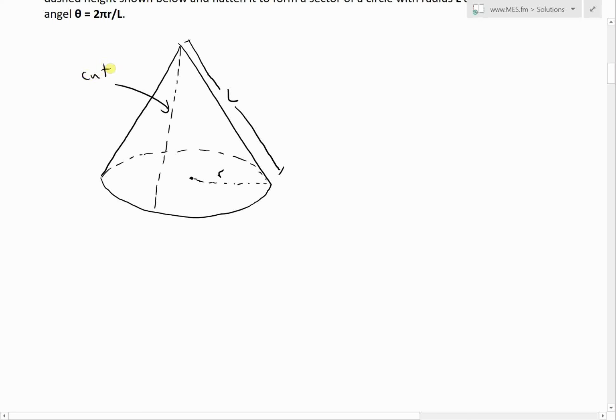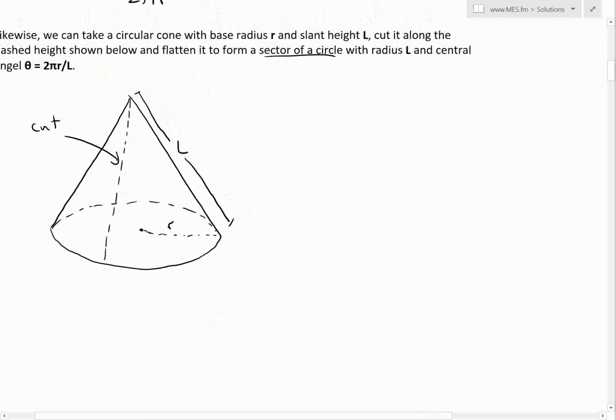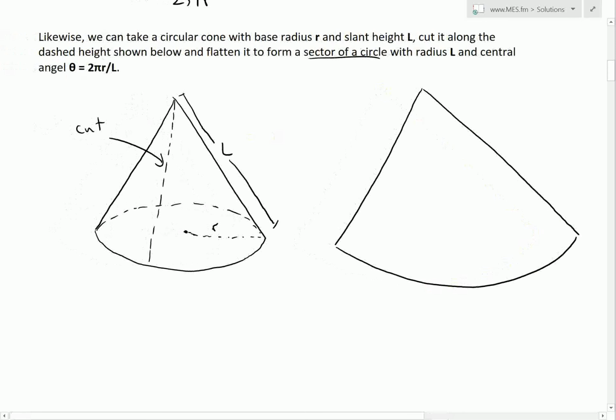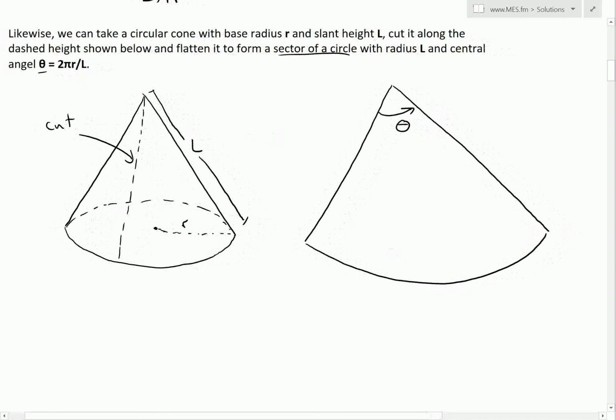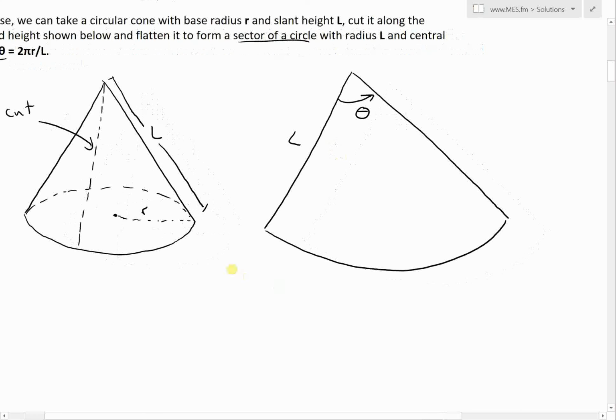So we make a cut here, and then if we unravel it, we get a sector of a circle. If we picture the cone like this and roll it around, you can try it with paper, you will get basically a cone. When we unravel it, it would look something like this: a sector of a circle where the central angle is theta, and the slant length is this.